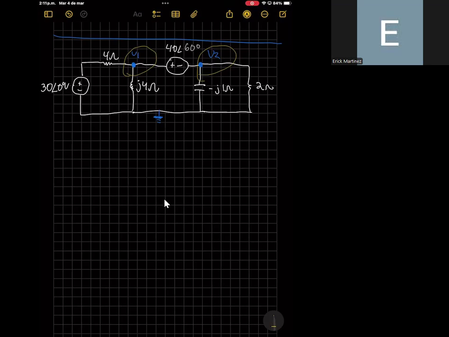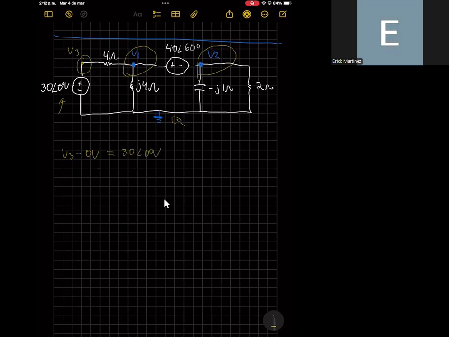We can say that this is also a node, but for this time, I will not count it for the analysis, but let's label this voltage in this node as V3. In fact, you can say that V3 minus the reference voltage, that is this one, this is the reference of the circuit, is equal to 0 volts, should be equal to the voltage of this voltage source, that is 30 with an angle of 0 degrees.